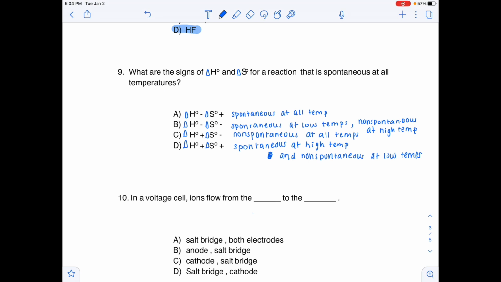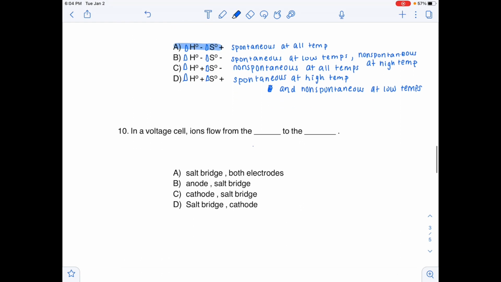So going back to our question, it says, what are the signs of delta H and delta S for a reaction that is spontaneous at all temperatures? So from looking at this, we can see that option choice A is going to be the correct answer.